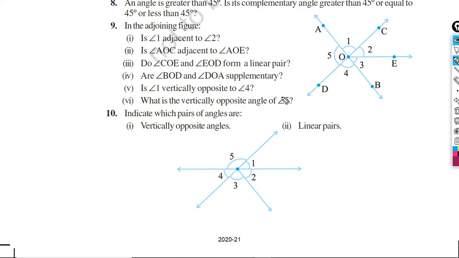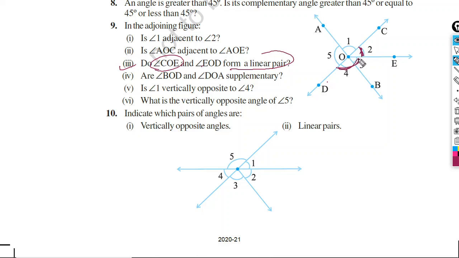Now part three, do angle COE, look at it, COE, this angle, and EOD, this angle, form a linear pair? Are they forming a linear pair? So what is the definition of the linear pair? The linear pair angles are adjacent angles.